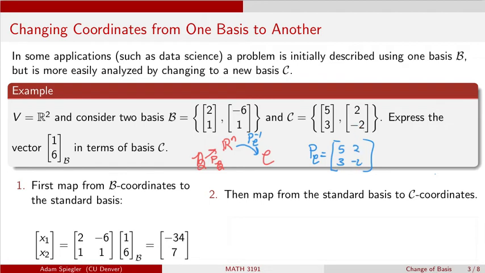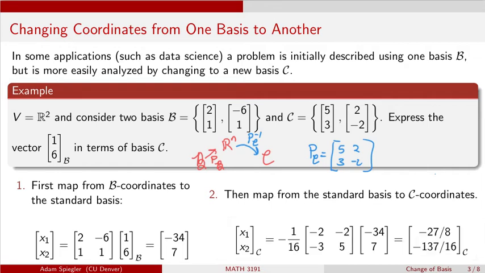So this is how we go from C coordinates to the standard basis. And so to go from the standard basis to C coordinates, we find the inverse matrix. In this case, the inverse matrix is given below as minus 1/6 times a matrix whose first column is minus 2, minus 3, and second column is minus 2, 5.